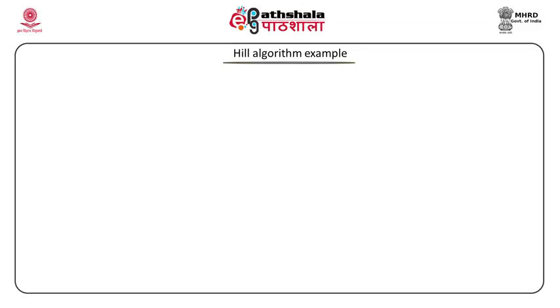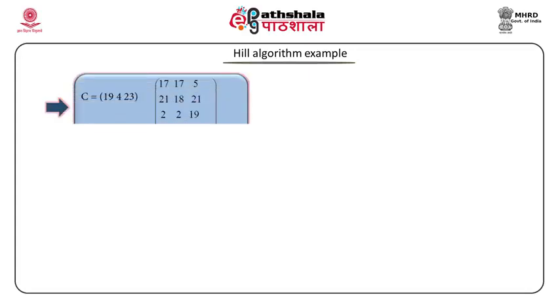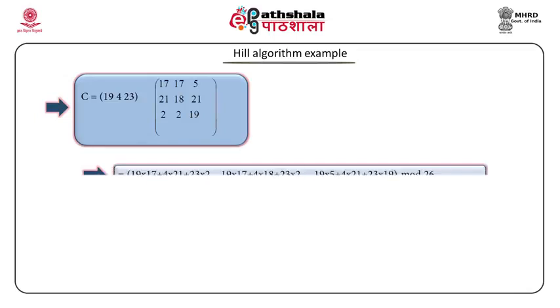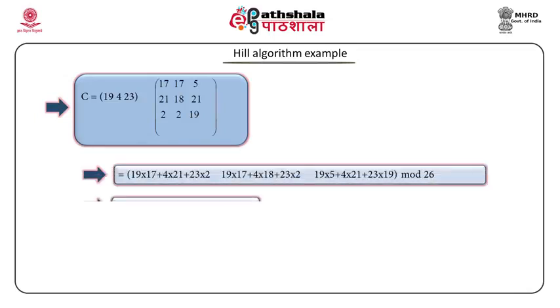For T, E and X, the same procedure is repeated. Put the numeric values for T, E, X. The key remains the same for all the operations. Do the matrix multiplication and get a value.